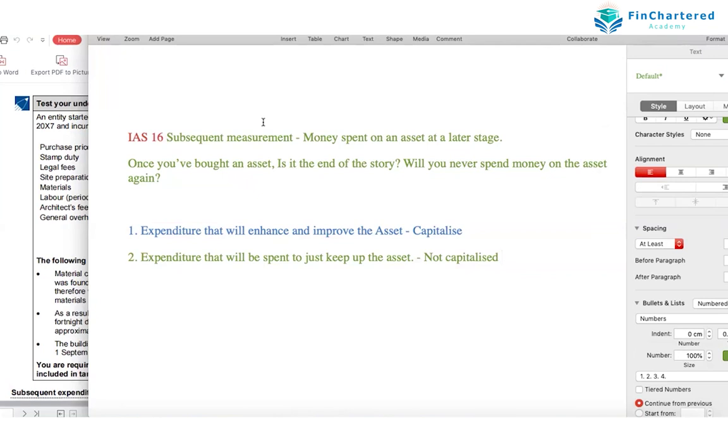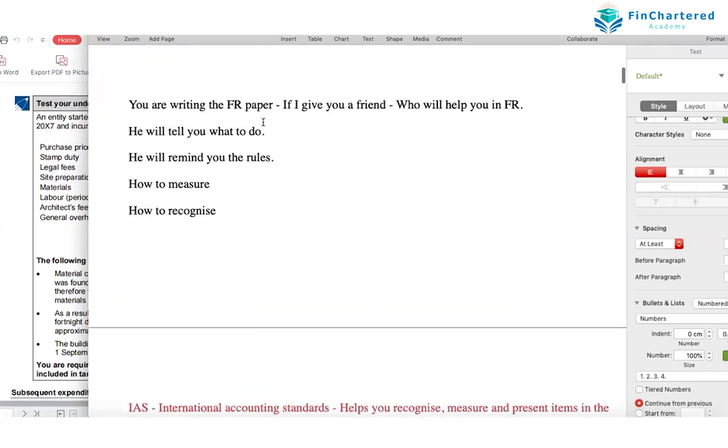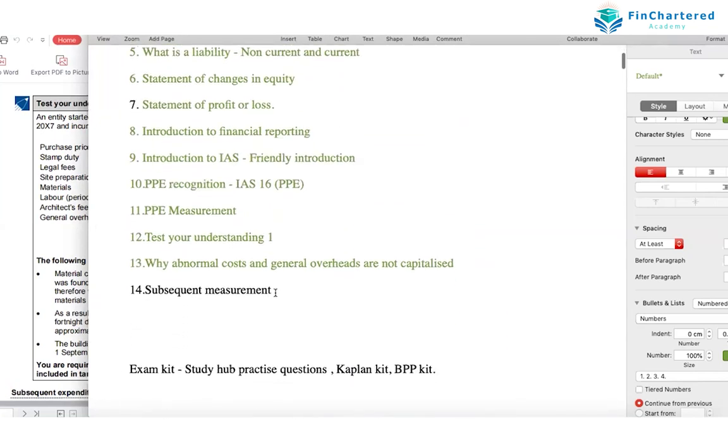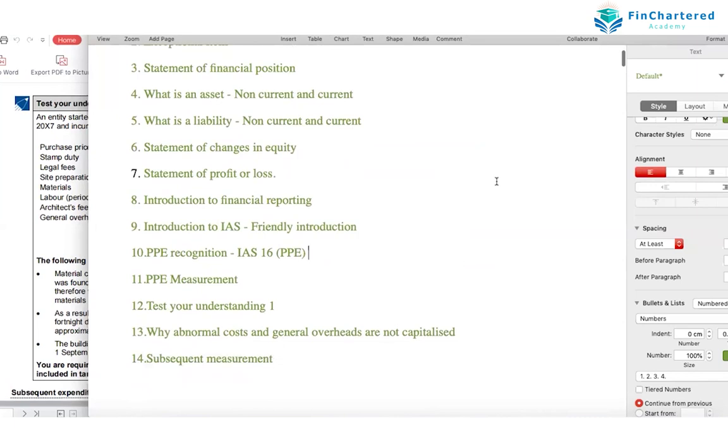With that, subsequent expenditure is also over. Right? That's all. So subsequent expenditure is done. Subsequent measurement. Right?